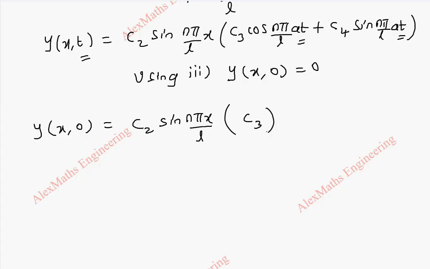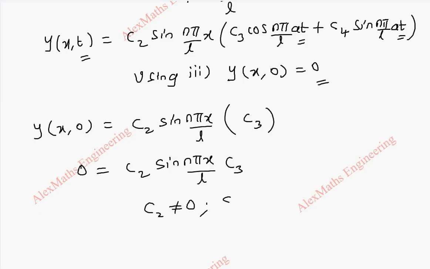So totally we have only c3, and this value is 0. So 0 equals c2 sin n pi x by l into c3. Already we discussed c2 is not equal to 0, and in the same way sin n pi x by l is also not equal to 0, because it exists for all x. And the only option is that c3 must be 0.